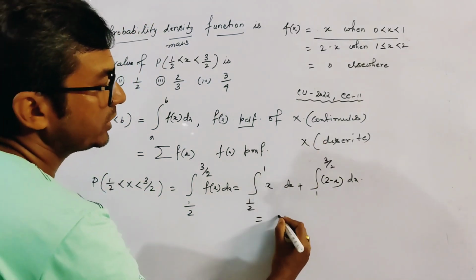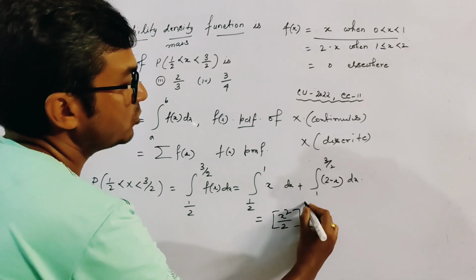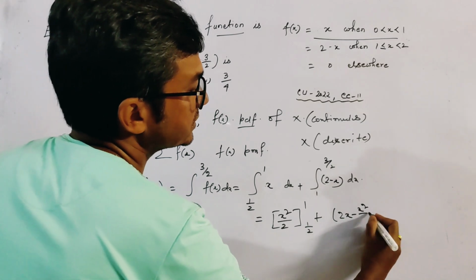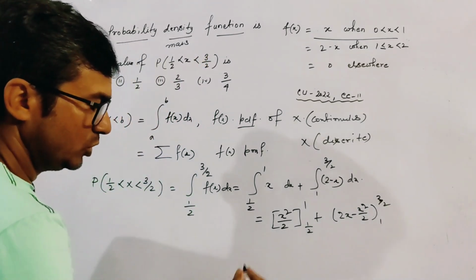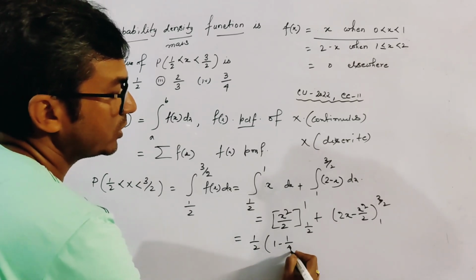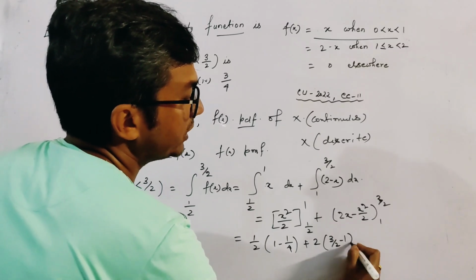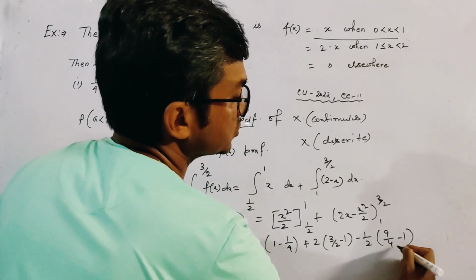Now integrating, we get x squared by 2 in the range half to 1, and 2x minus x squared by 2 in the range 1 to 3/2. So this is half into (1 minus 1/4), plus 2 into (3/2 minus 1), minus half into (9/4 minus 1).